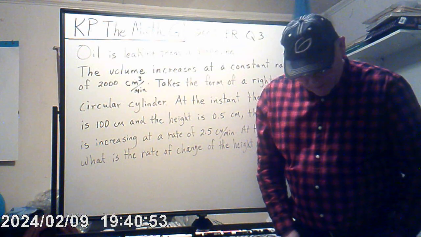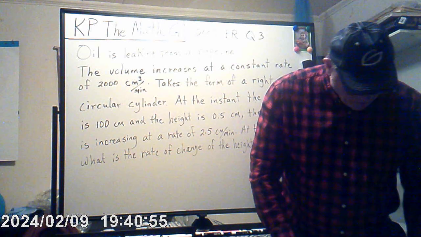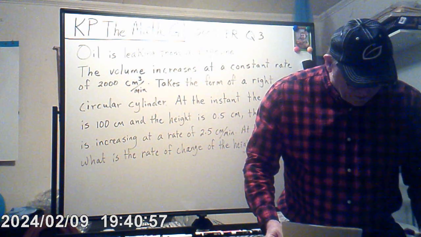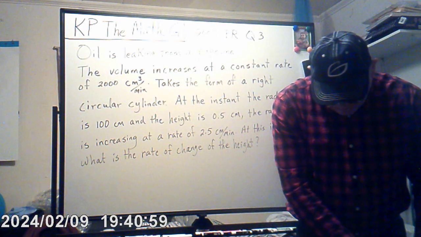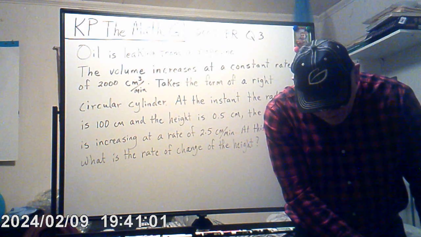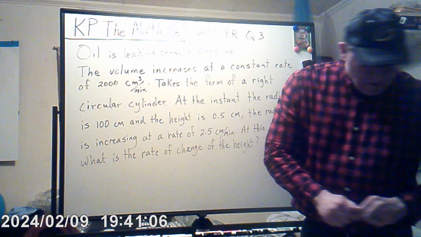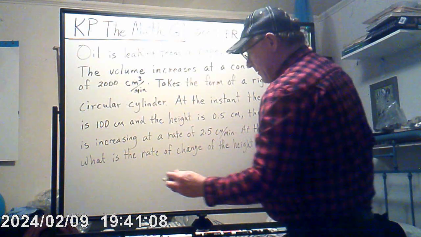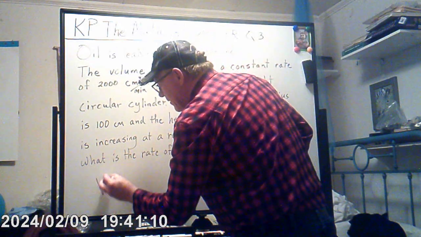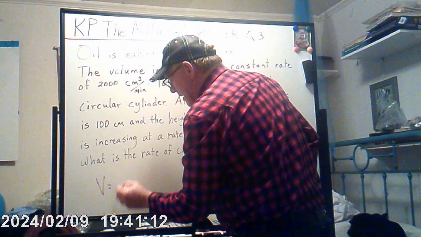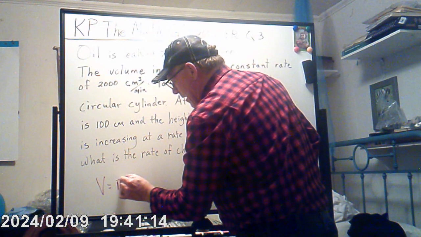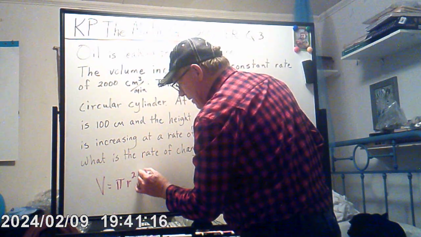Now, let's consider first of all what the volume of a cylinder is. The volume of a cylinder is given to be pi r squared h.